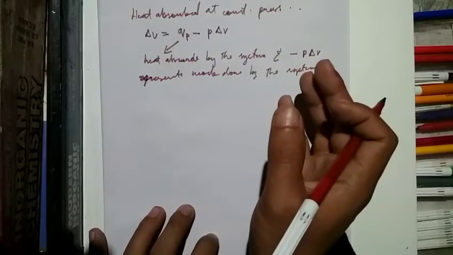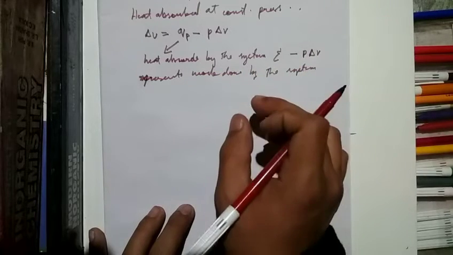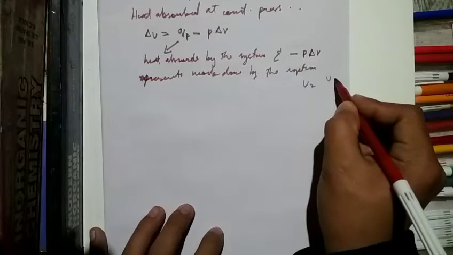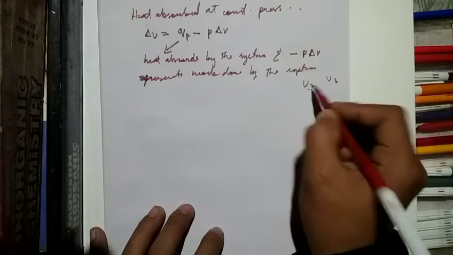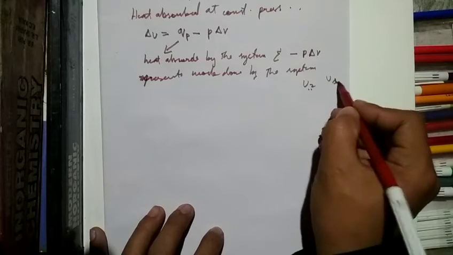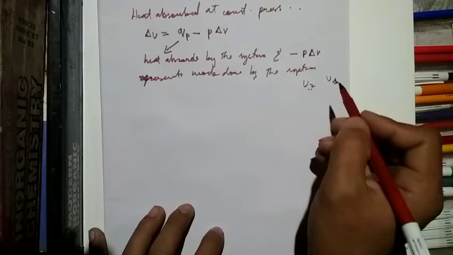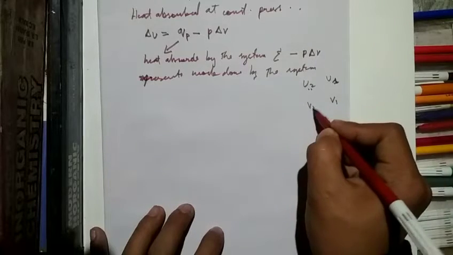Now let's say there are initial and final states. Let's denote the initial internal energy as U1, final as U2, and initial volume V1, final V2.